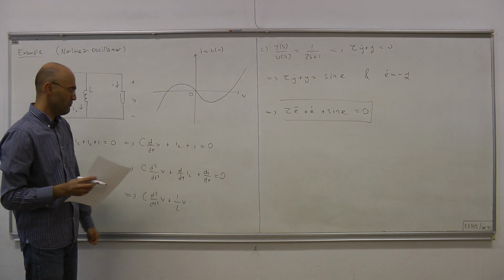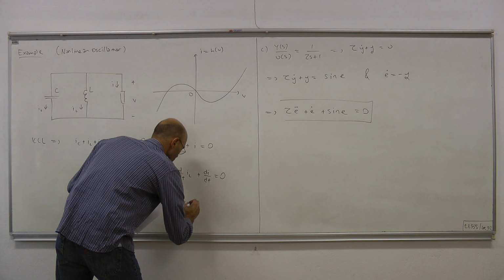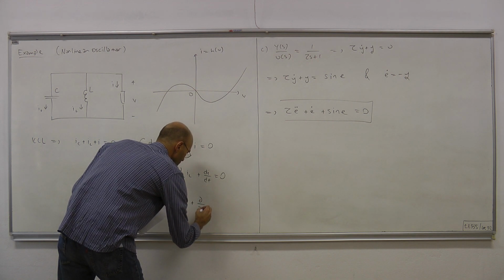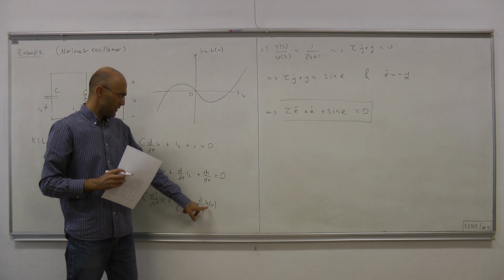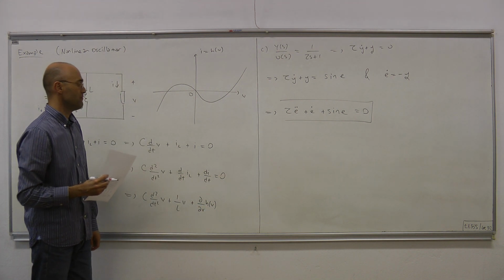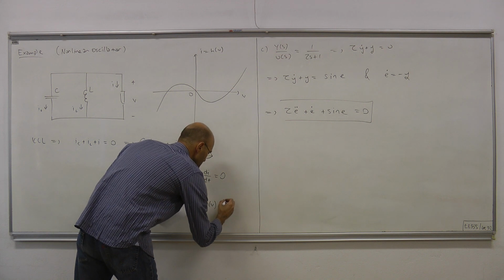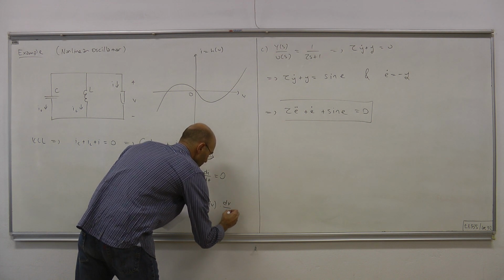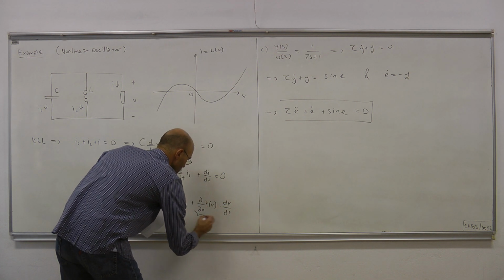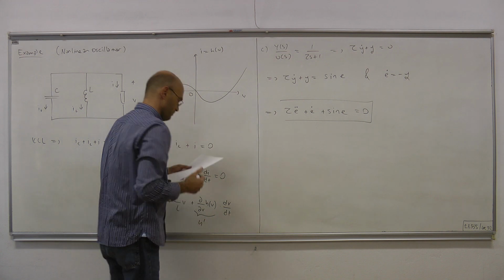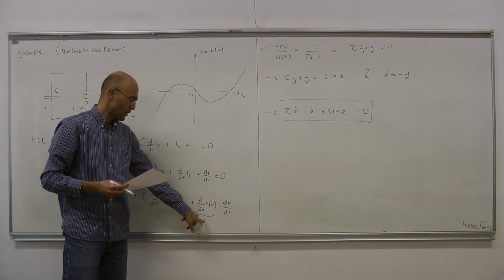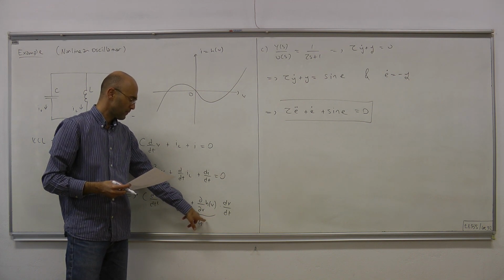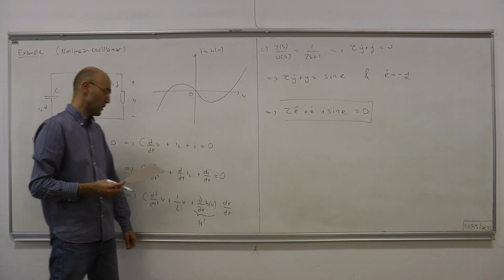I equals H(V), so dI/dt equals the partial derivative of H with respect to V, times the derivative with respect to time, dV/dt. So let's call this H prime. Prime indicates partial differentiation with respect to V.